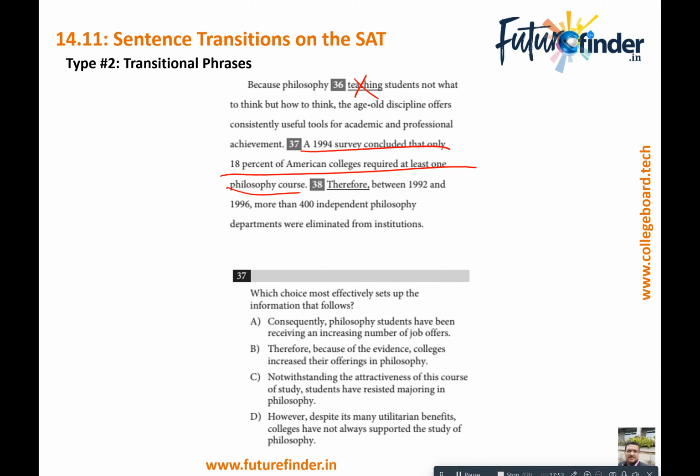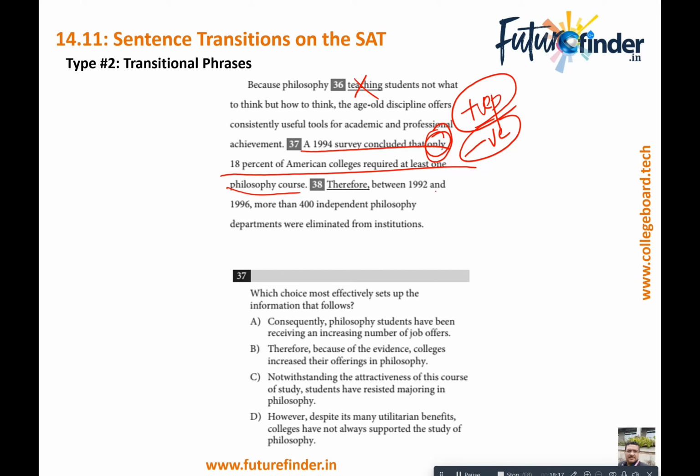In 1994, so this is positive about philosophy, right? In 1994, a study found that only 18% of American colleges required at least one philosophy course. So again, this is a negative thing, right? Only 18%, because it says only.